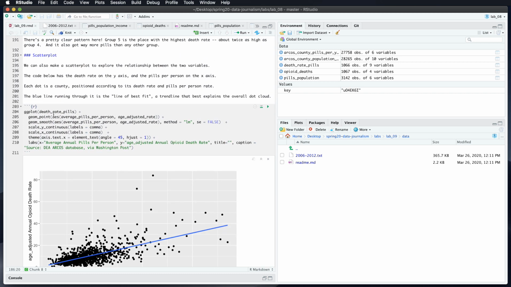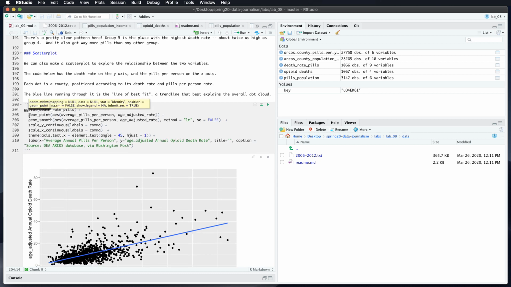Okay, so the code for this, we're saying create a new ggplot with our death rate pills table. And geom_point basically says draw a scatter plot. On one axis, put the average pills per person. On the other axis, put the death rate. All right.